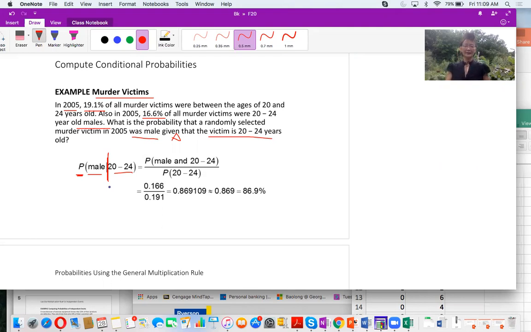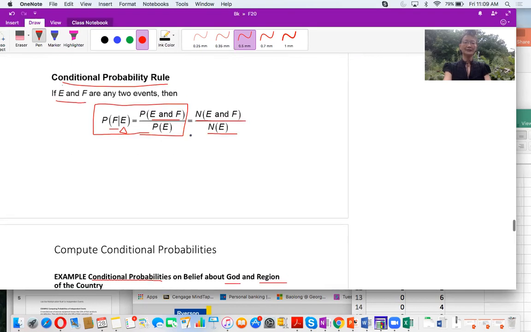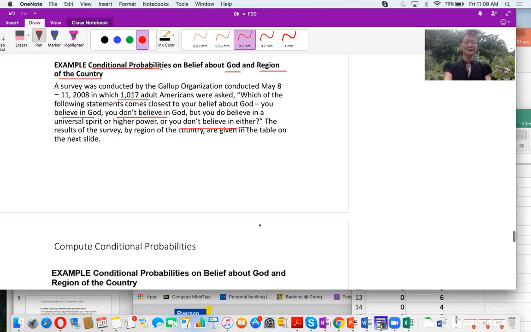Based on the conditional probability formula, this equals the probability of male and 20 to 24 years old, divided by the probability of 20 to 24 years old. Remember the formula here, we used exactly this conditional probability formula, okay?